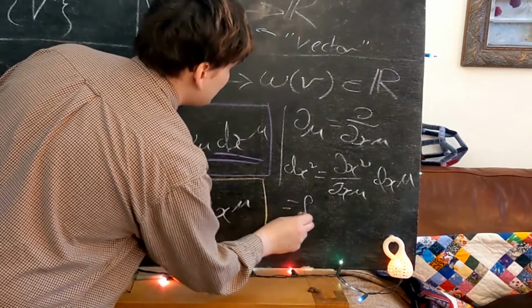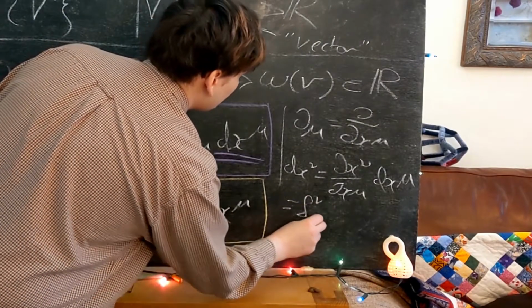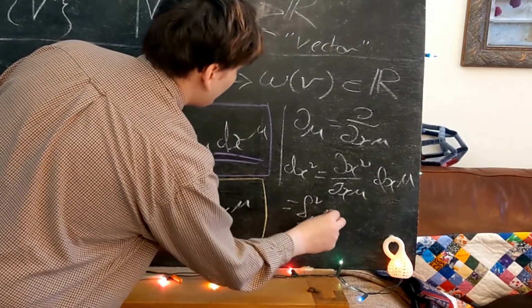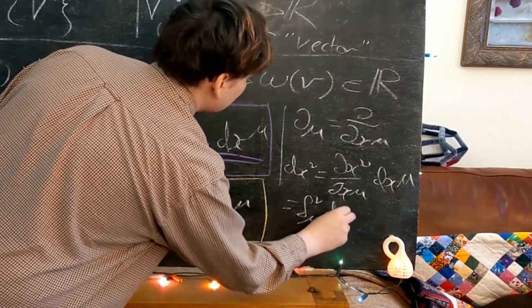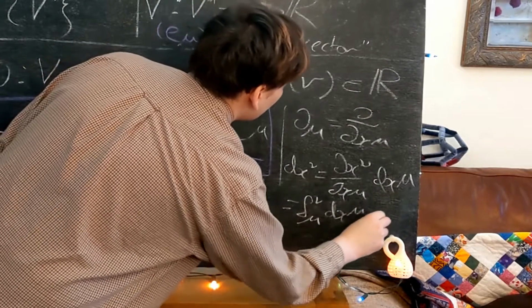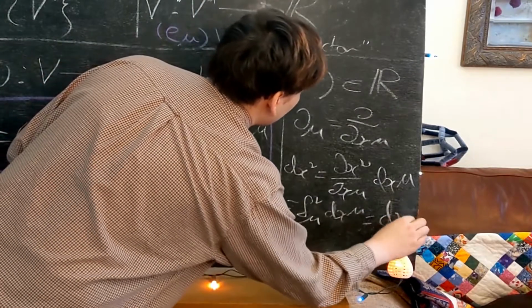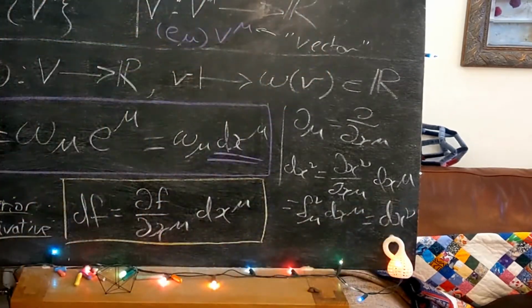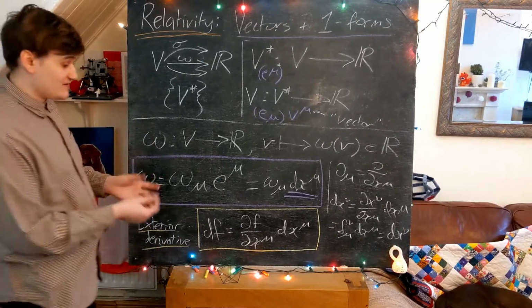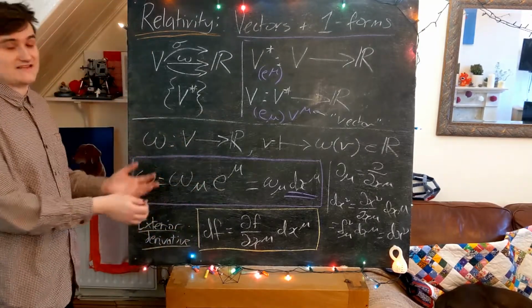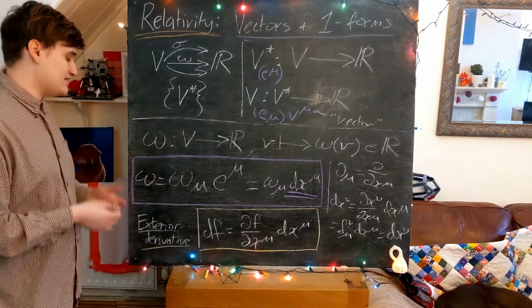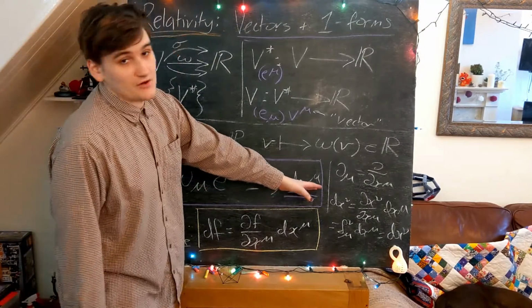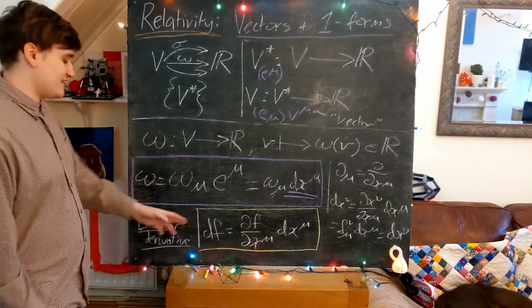And so we're just going to have delta mu nu times dx mu, which is then just dx nu. So this is just the definition. It does feel slightly circular, but we should really just understand what this dx mu object is.